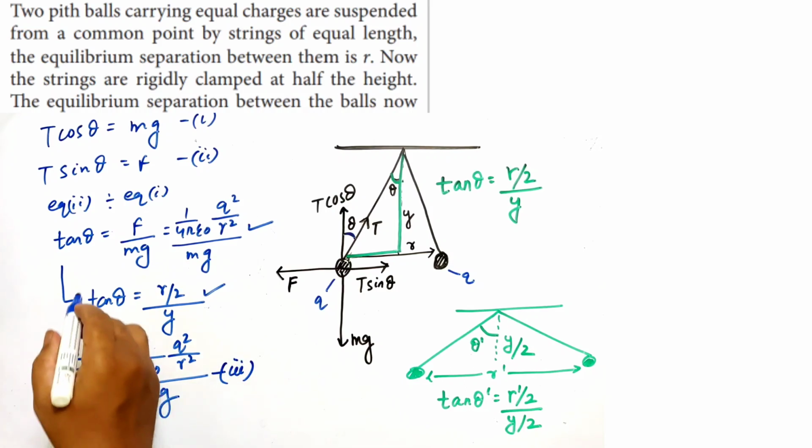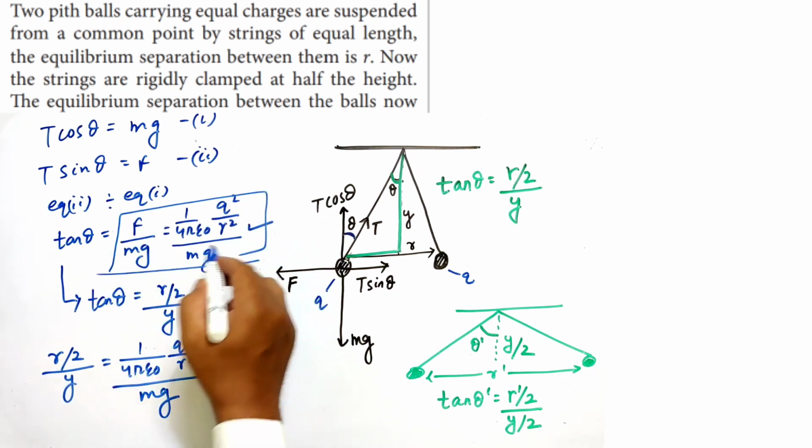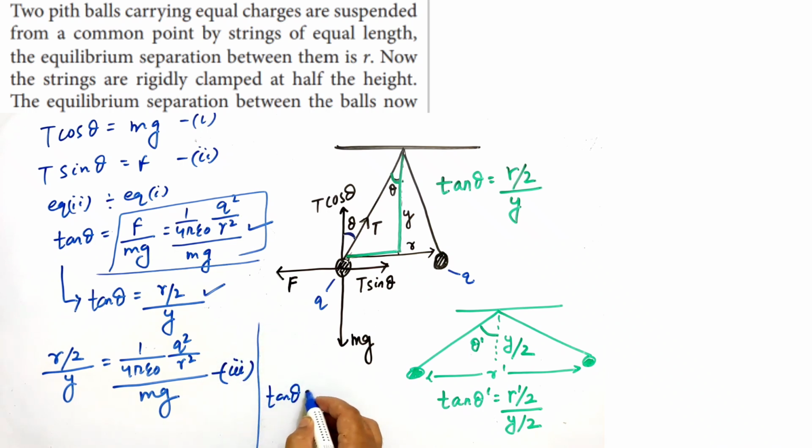Now we apply this formula which we have discussed here to this figure. So here also when you apply this formula, you are going to get tan theta equal to 1 by 4 pi epsilon naught into Q square by R dash square divided by mg.